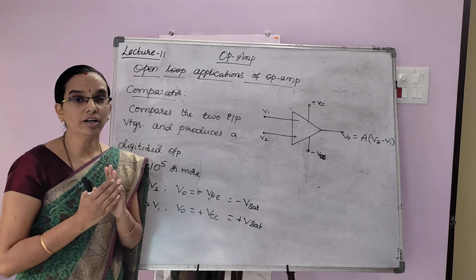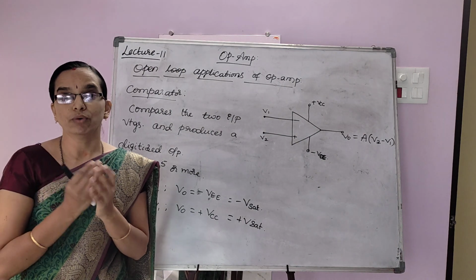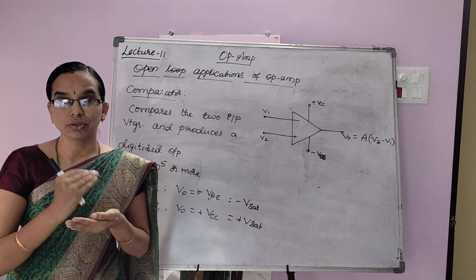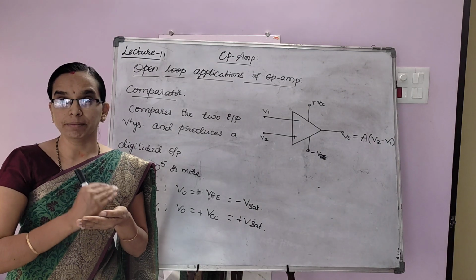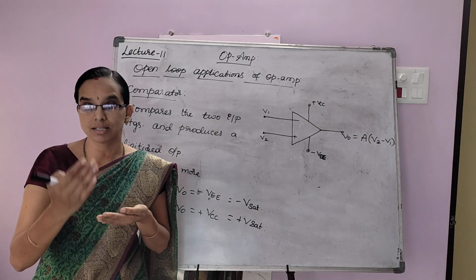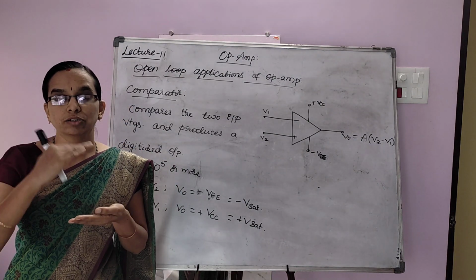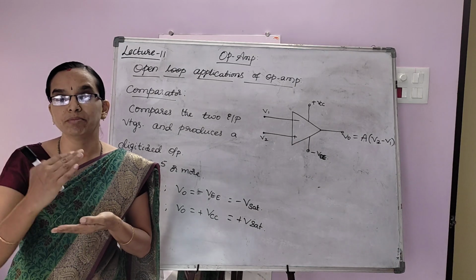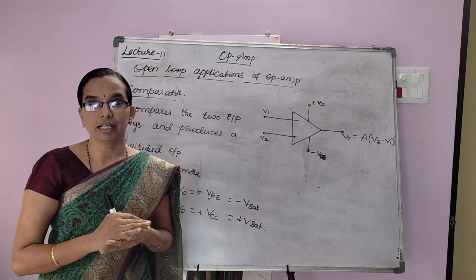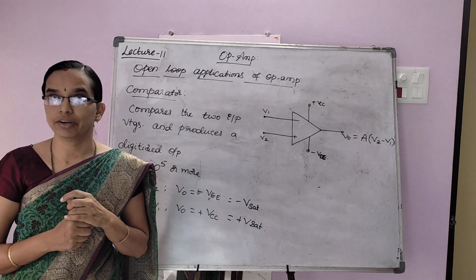When you are monitoring the temperature of a room, you will set a reference voltage so that the room's temperature should not exceed the marked value. For example, it should not exceed 25 degrees Celsius. If it exceeds, then the buzzer should ring.